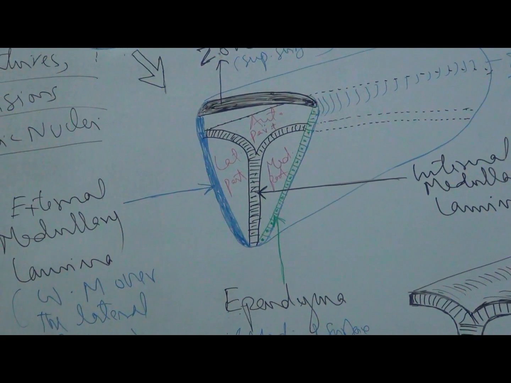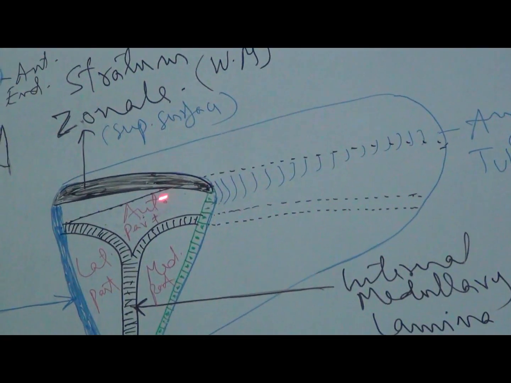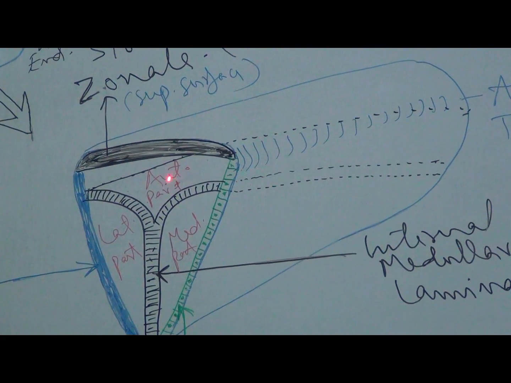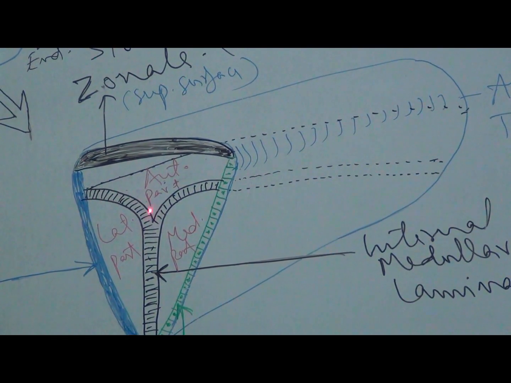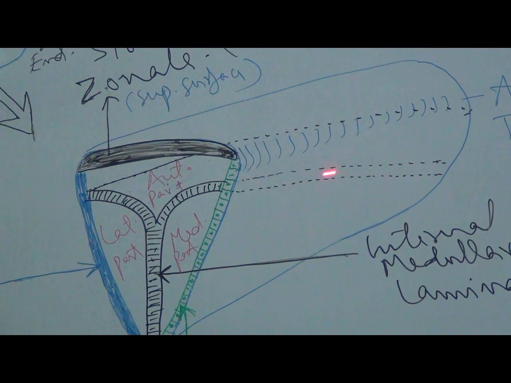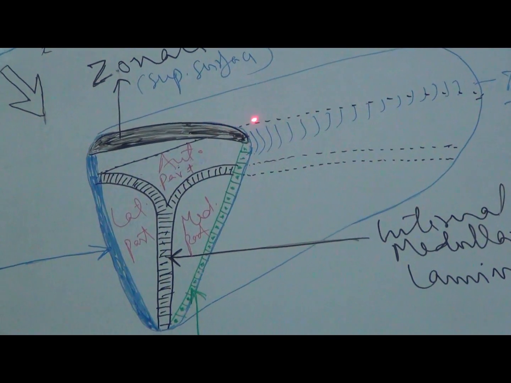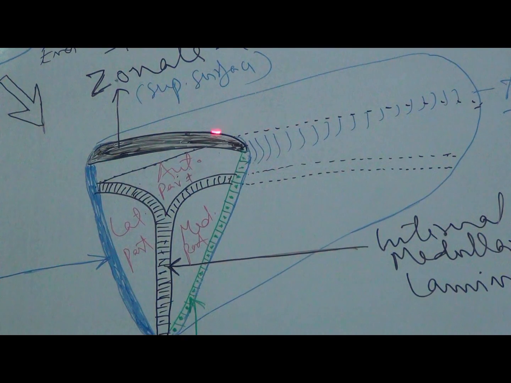Now the anterior part of the thalamus, gray matter of thalamus, is bounded below by the diverging laminae of the internal medullary lamina, and above is the stratum zonale. So between stratum zonale above and the diverging laminae of the internal medullary lamina is the anterior part.